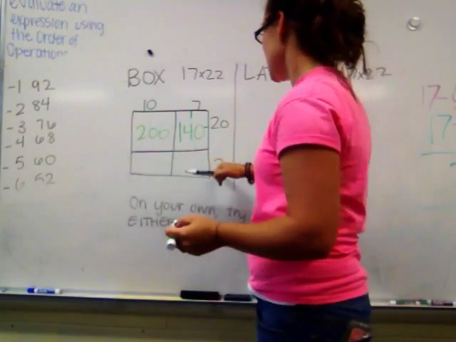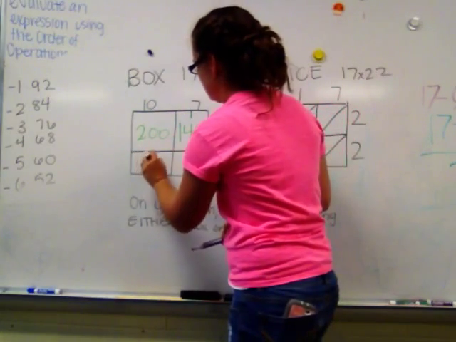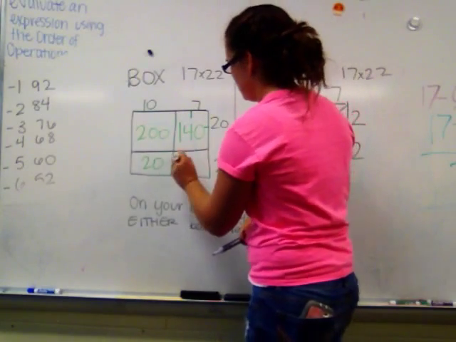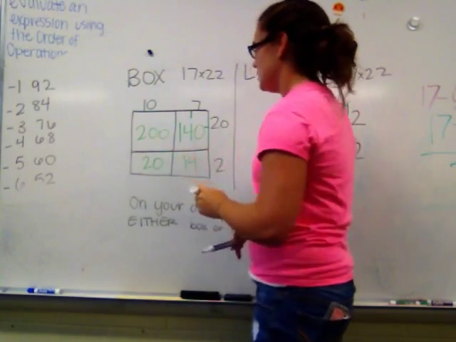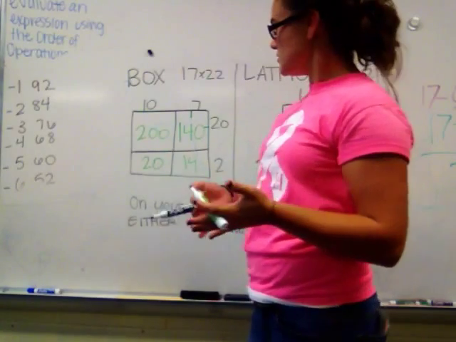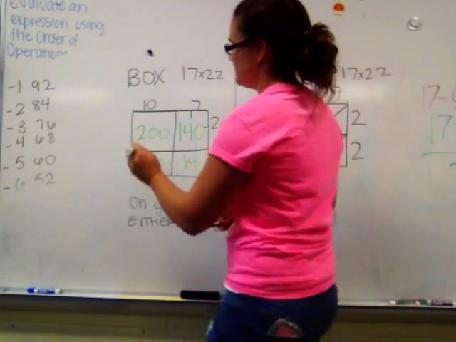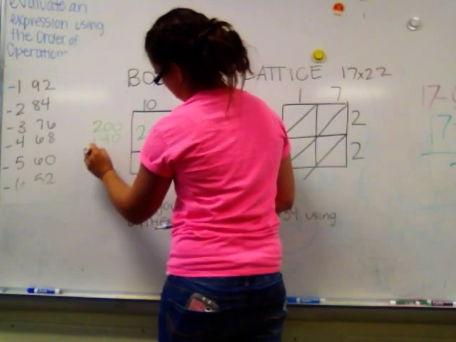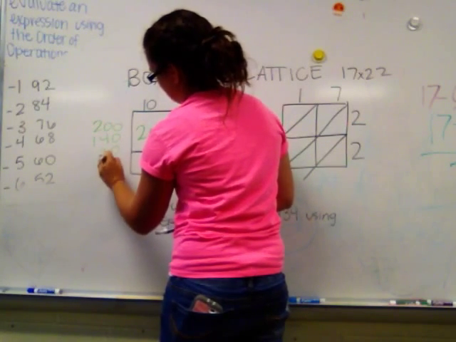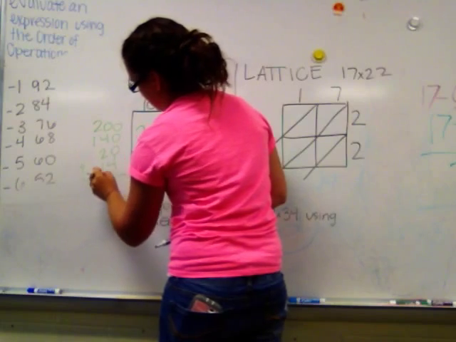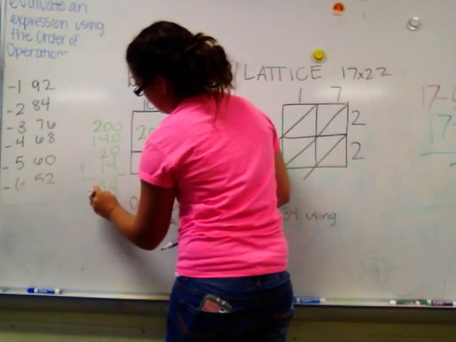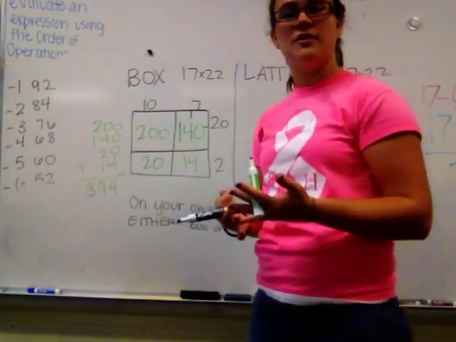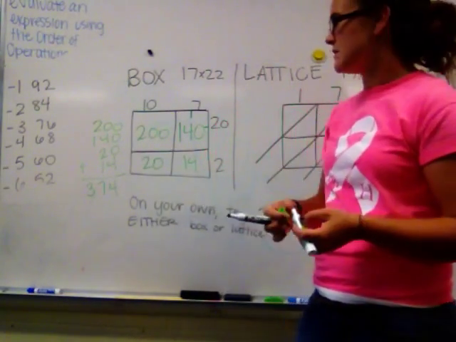I can do 10 times 2, which is 20, and then I can do 7 times 2, which is 14. Now, to get my answer, all I need to do is add these four numbers. So you should end up with 374 as your answer for that.